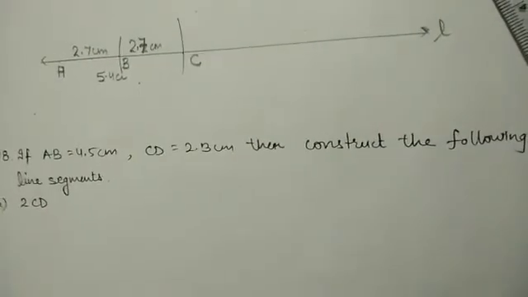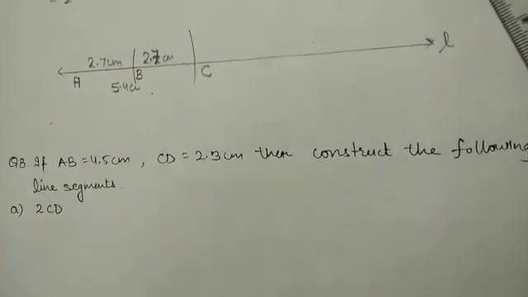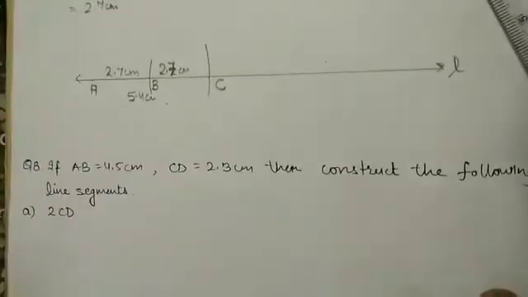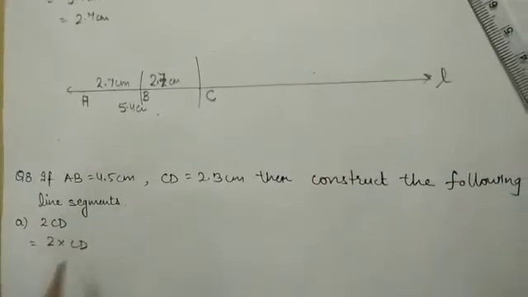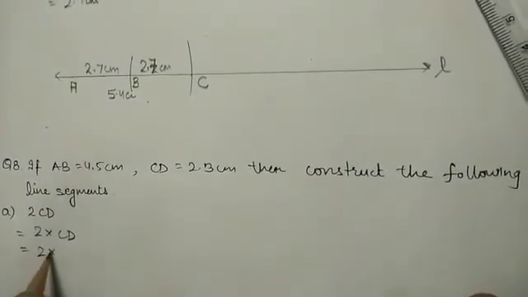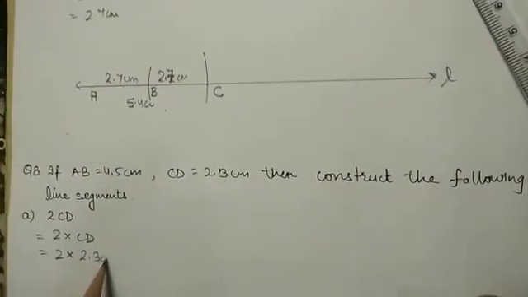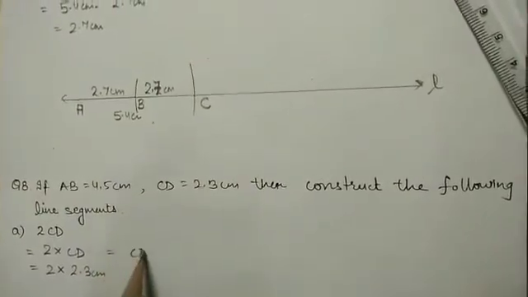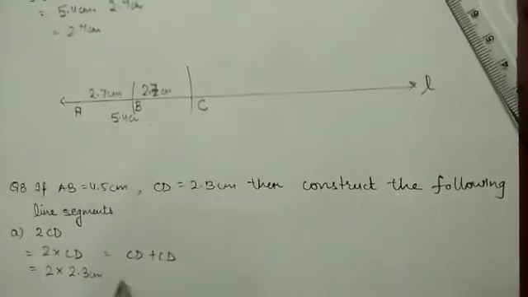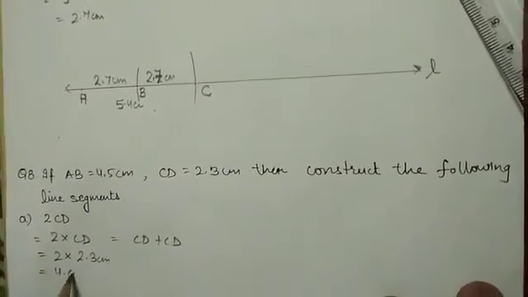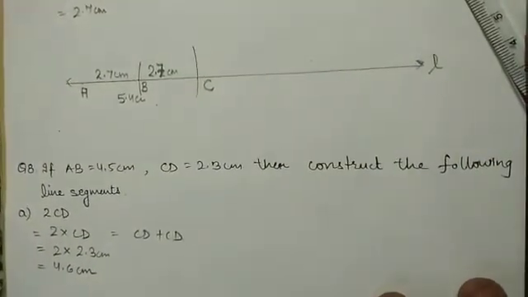First is 2CD. 2CD means twice of CD, means whatever the value of CD, we will multiply that value by 2, or we can say CD plus CD, whatever you feel comfortable you can do. Now this is equal to 4.6 centimeter.